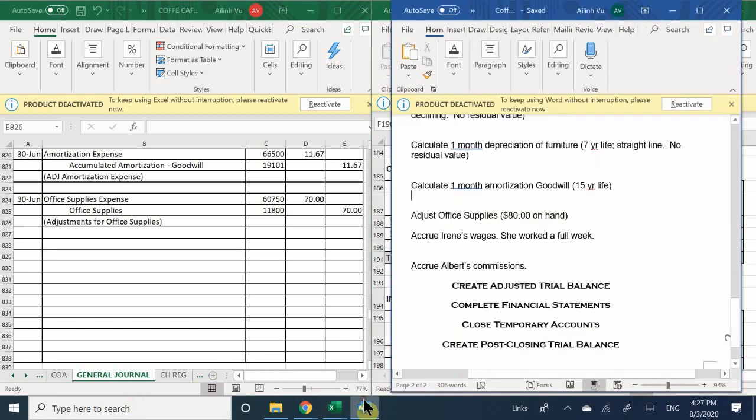All right. And then lastly, we're going to accrue Irene's wages payable. So she worked a full week. I don't know if she really did. I don't think she did. We stopped on the 23rd. She worked Monday the 24th, Tuesday the 25th, Wednesday the 26th. No, she's off Wednesdays and Thursdays.